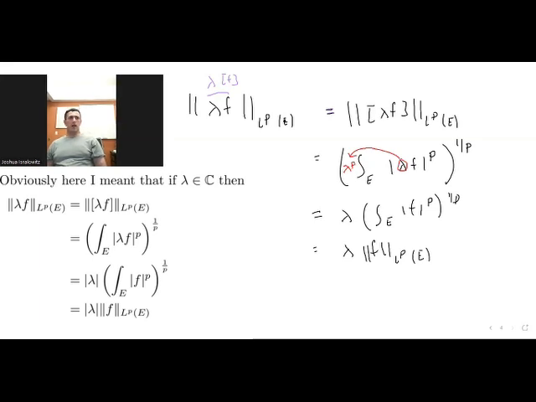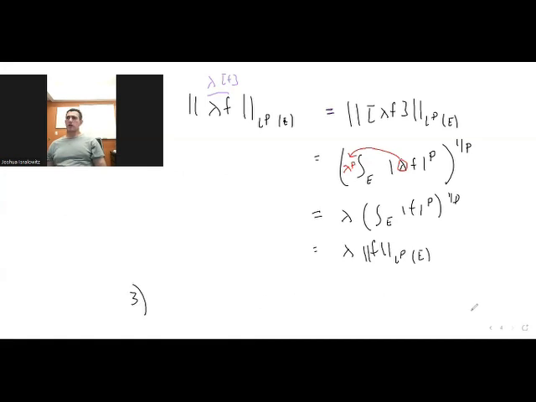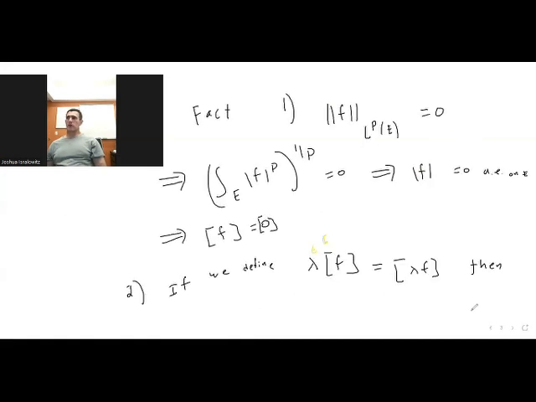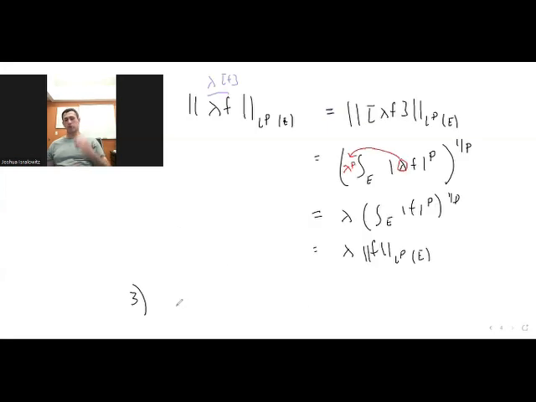Okay. Yeah. So 3. So I'm going to prove a baby version of the triangle inequality. Right. And so if we define f plus g, if we define the addition of these two classes to be just f plus g, this is fine.